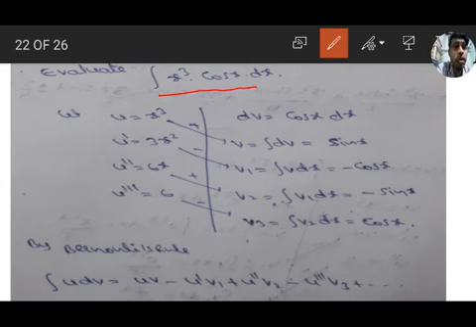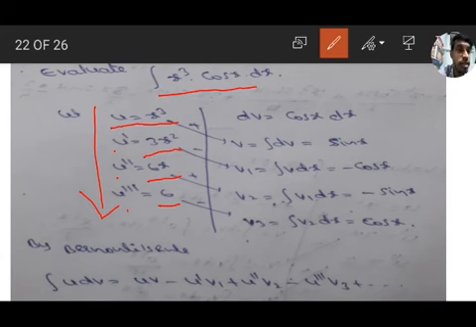So u equal to x cube, its derivative 3x square, 3x square derivative 6x, 6x derivative 6. Already in the previous problem, same x cube. Successive derivatives: u dash, u double dash, u triple dash, next derivative onwards 0. So no need to take.